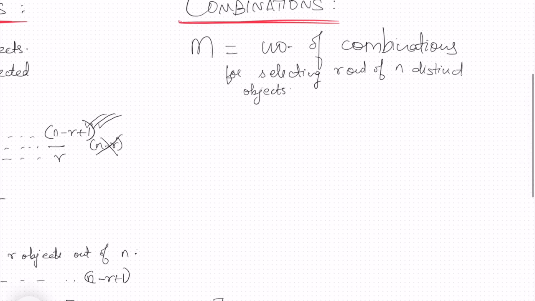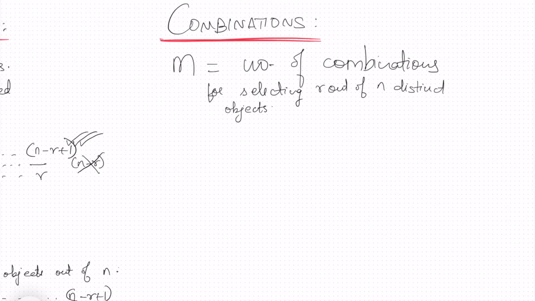So what you can think is, in order to get the number of permutations, I must find the ways to select r out of n objects and then arrange those r distinct objects in r places, right?